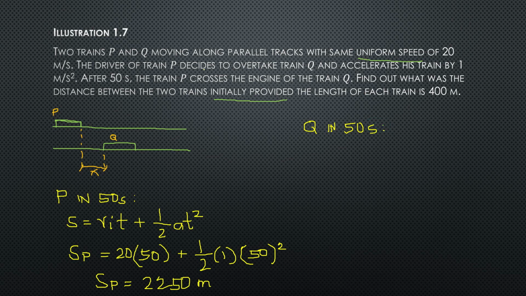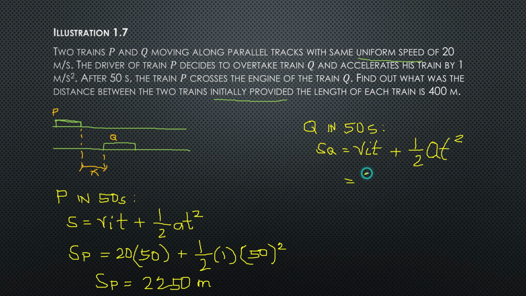There is no acceleration for train Q, only uniform speed. So using a similar formula, S_Q equals initial velocity multiplied by time plus 1/2 acceleration multiplied by time squared.